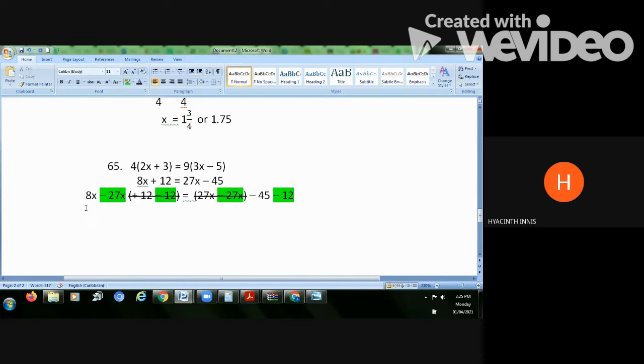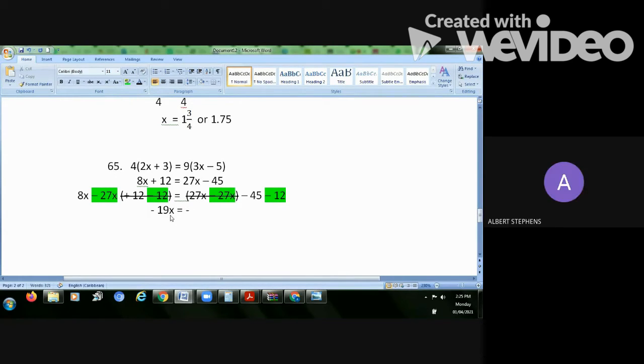8x minus 27x equals 19x. It's going to be negative 19x here, because 27 is more than 8. And equals 45 and negative 12 give you 57.